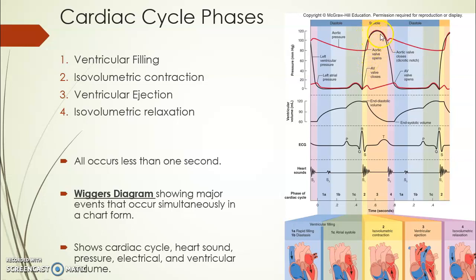We have to have this large pressure change because it now has to overcome the amount of pressure in the aorta for the blood to flow outward. As the systole occurs, we can see that it is consistent with this ventricular depolarization.